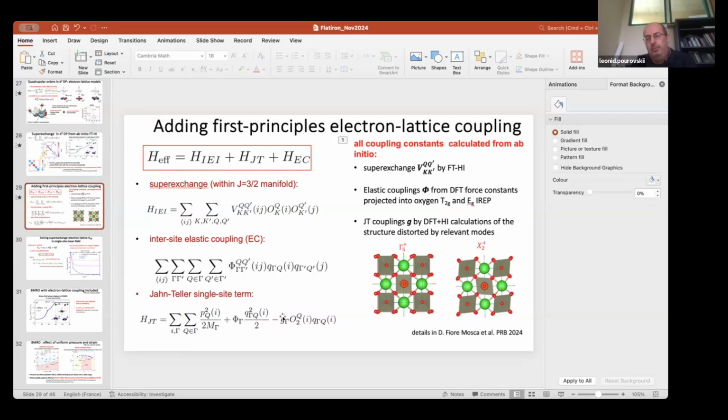In DFT, it's a little more complicated because you don't see actual atomic states. But anyhow, they got something quite similar. I think they extracted it from the density matrix. They looked at the change of the density matrix as they applied distortion, and there is a way, I don't remember the details, to extract the Jahn-Teller coupling from this. And we had a good agreement between the two approaches. Okay, great. Thank you.